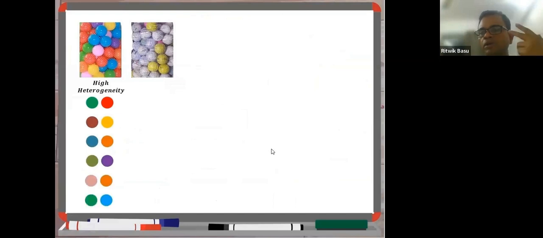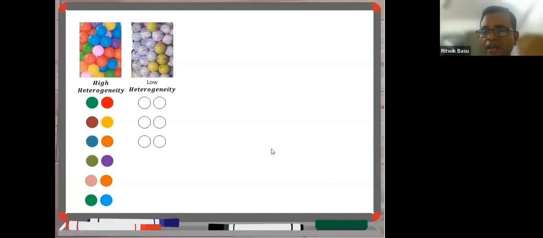Also, the probability that one particular combination or pair will appear more than once is the least in a highly heterogeneous system. While for a less heterogeneous or more homogeneous system, when you choose two elements in a pair, most of the time you will have an identical element. And the probability that one particular combination appears more than once is also high.